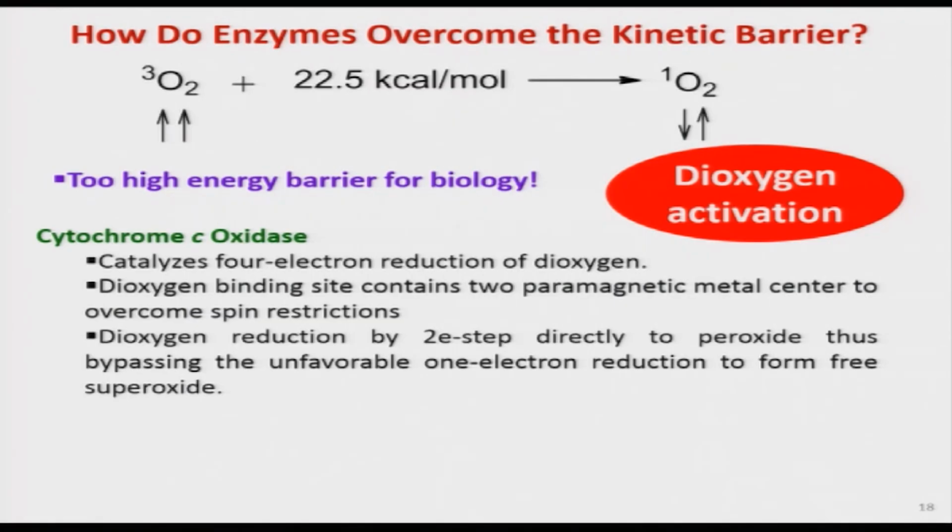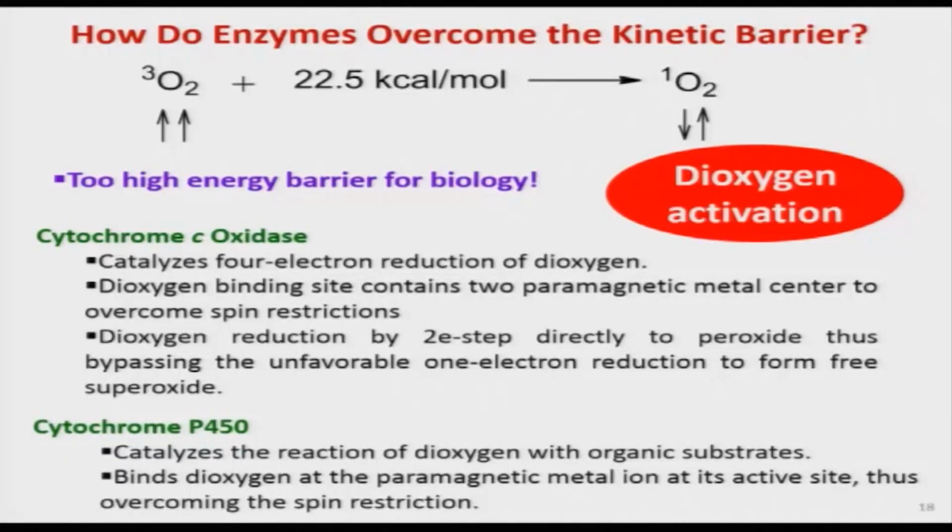The dioxygen binding site contains 2 paramagnetic metal centers, one is iron and one is copper, where dioxygen binds and actually forms O2 2-. Dioxygen is in a triplet state, it is paramagnetic. So, the 2 paramagnetic metal centers bind the dioxygen, and then it is reduced by 2 electrons to produce peroxide, thereby bypassing this unfavorable 1-electron reduction process to form superoxide.